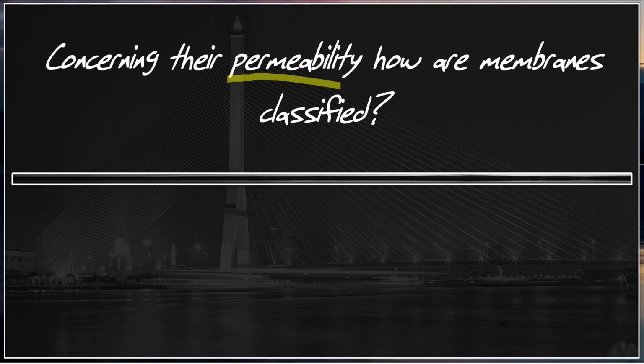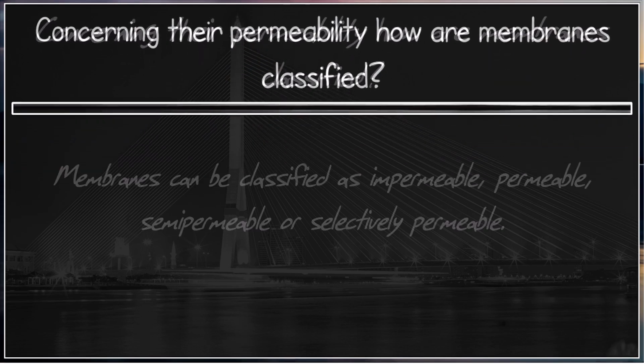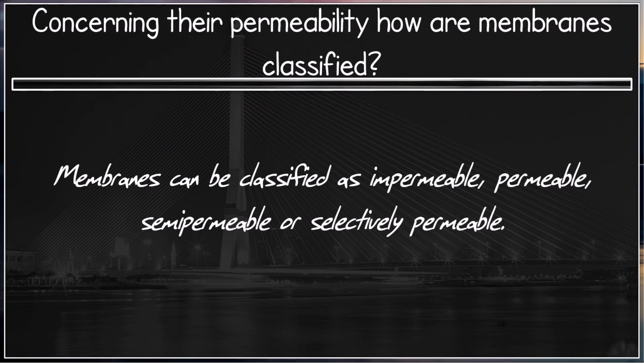Concerning their permeability, how are membranes classified? Membranes are classified as impermeable, permeable, semi-permeable, and selectively permeable.